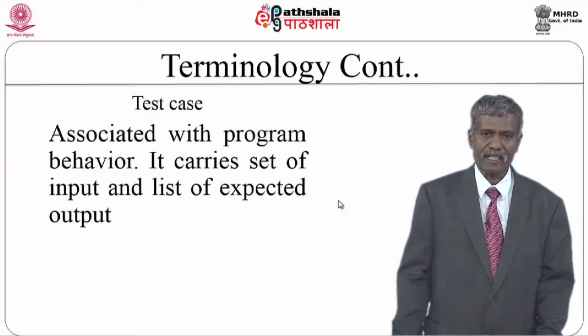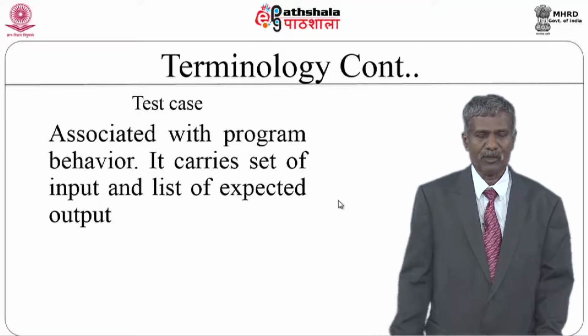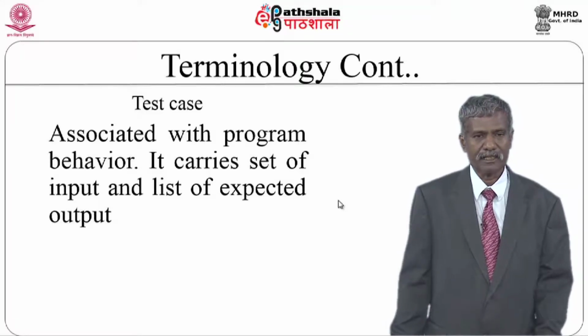When you say x greater than, it satisfies the greater than condition. When you say not greater than, it satisfies equal to and less than, both conditions. Therefore, all the 3 conditions, namely greater than, equal to, and less than, are taken care of by 2 test cases.